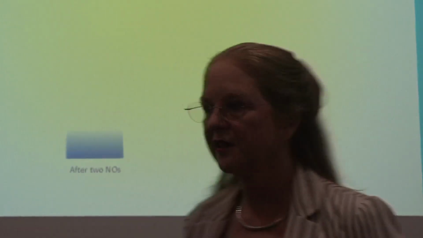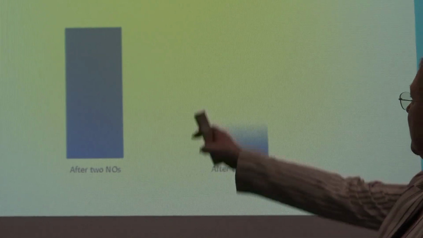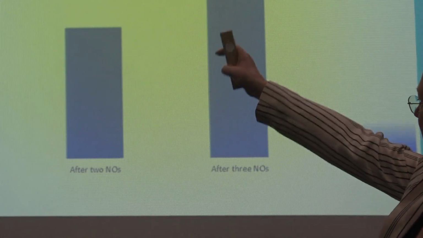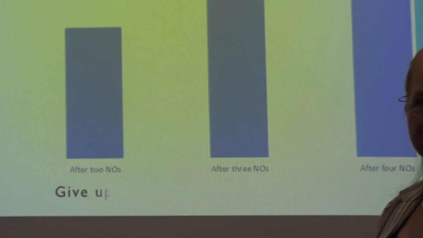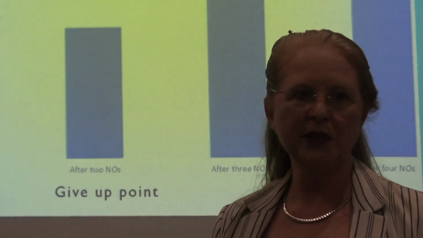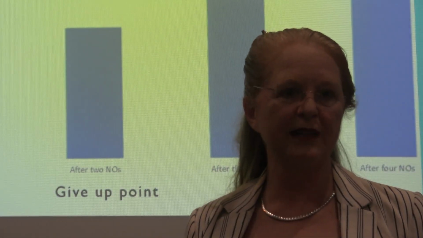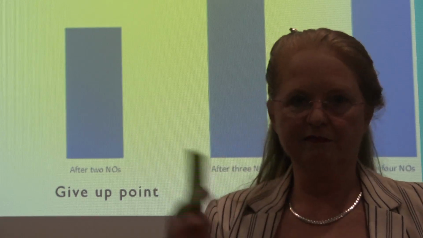What we're going to see here is the give-up rate of salespeople. So we're going to get a chart. After one no, so we've made contact with the customer, the prospect. Would you like a whatever, a thingammy-what's-it that I sell?